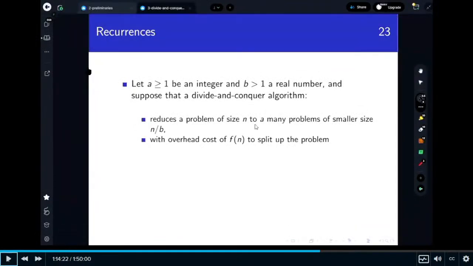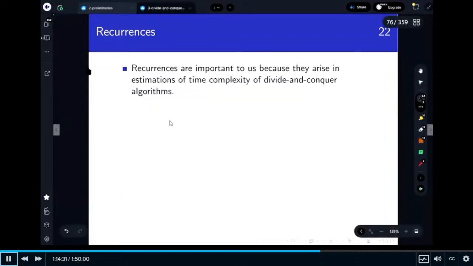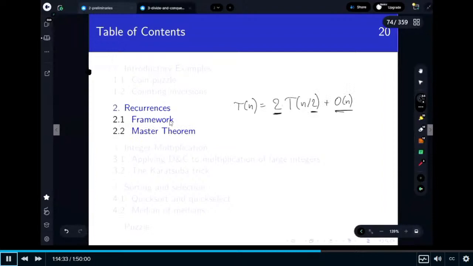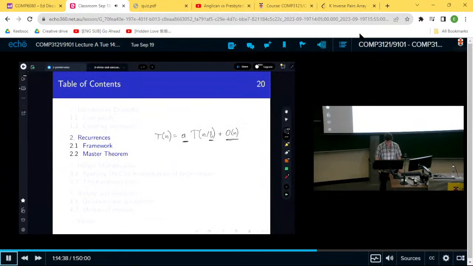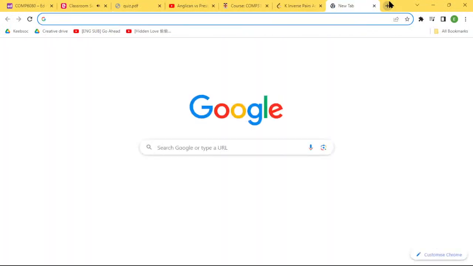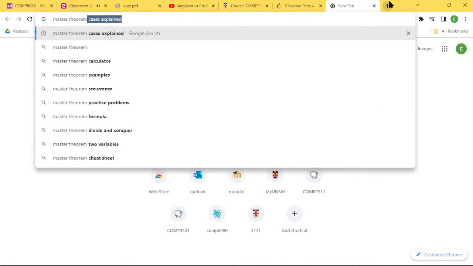So we'll have a subproblems of size at most n divided by b. If we go back, this will now be an a, and this will be a b. And we still have some flexibility to change this.